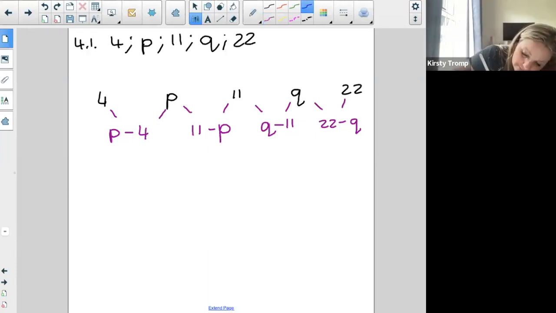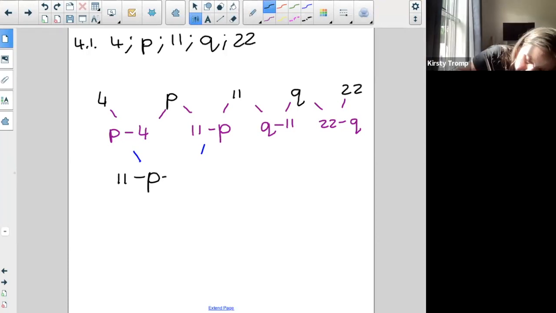Let's do the second line. Let's just write it like it is. I'm going to have 11 minus P, minus P minus 4.